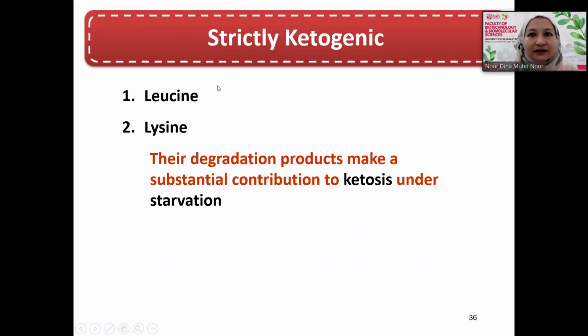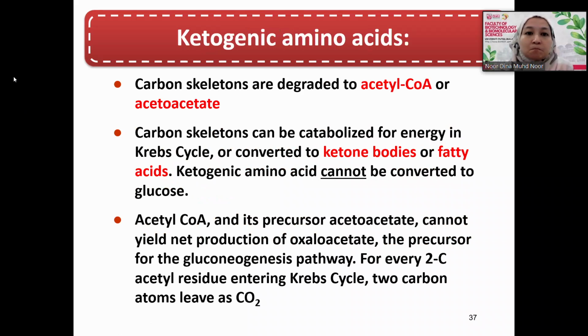And another classification other than the major one, we also have 2 amino acids which are strictly ketogenic, meaning there is no way these 2 amino acids can produce glucose. They can just produce ketone bodies under ketosis.